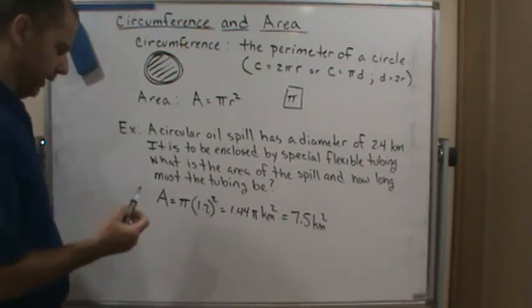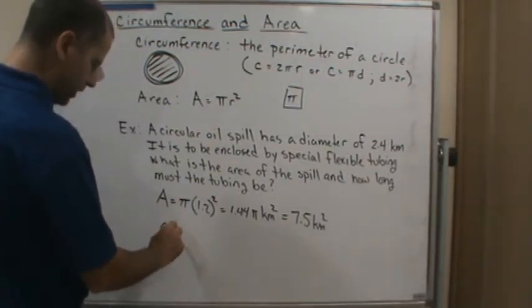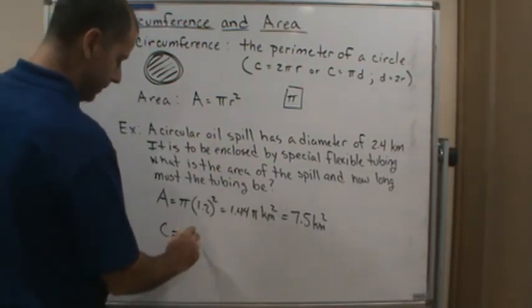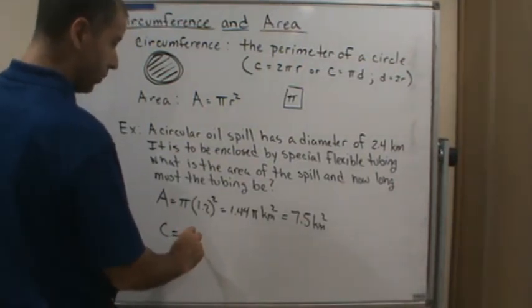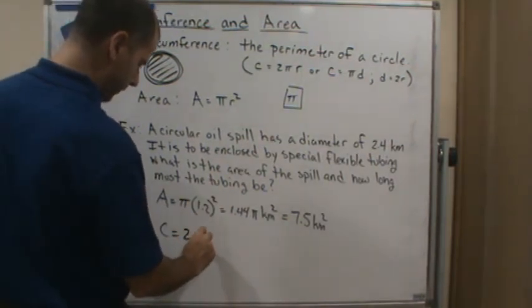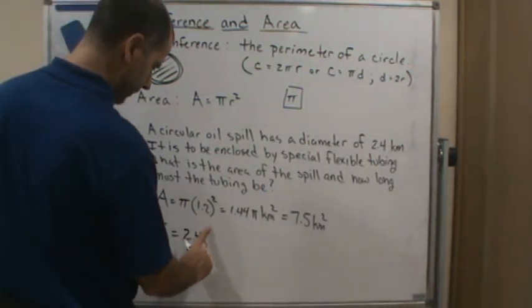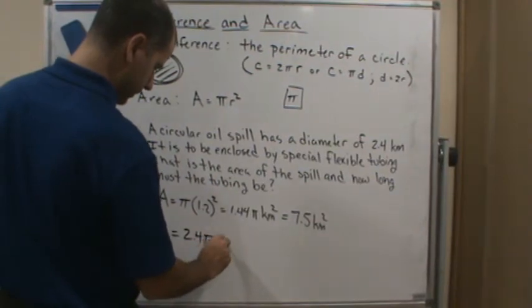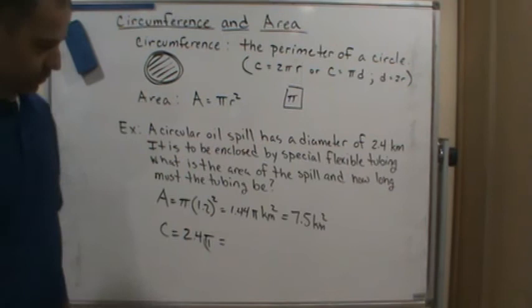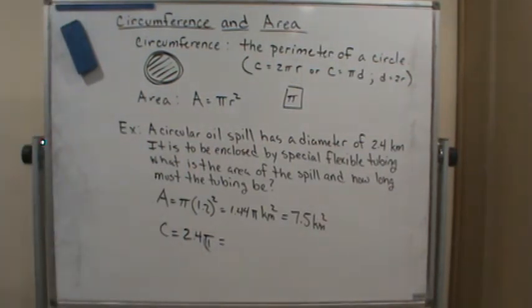Now, what about the tubing? How much tubing do we need? Well, that's going to be circumference. That's going to be what? Pi times d. So what's the diameter? 2.4. So it's going to be 2.4 times pi. And so what's 2.4 times pi? Well, again, use your calculator.